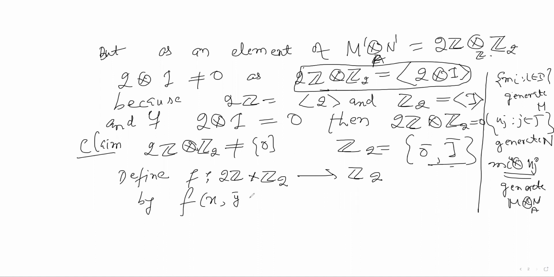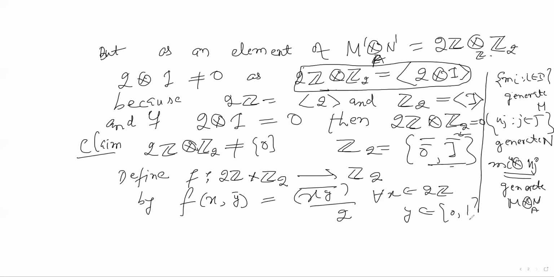Y bar means element of Z2. Y bar is either 0 bar or 1 bar. So we define it by f of x comma y bar equal to xy whole bar divided by 2. We define this map for all x belonging to 2Z, y belonging to 0 and 1. Okay.